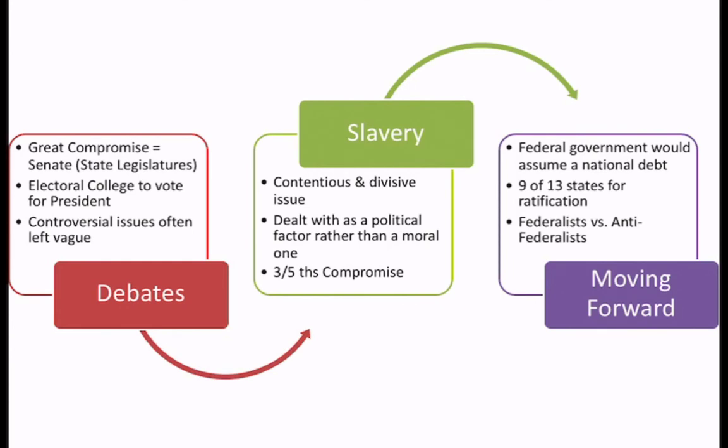Now, moving forward, remember, the federal government would assume the national debt of those states that incurred debt during the American Revolutionary War. And that was a problem. Remember, that's part of the reason why the Articles of Confederation failed: they couldn't tax, they couldn't pay their debt. You have all these angry farmers, you have the angry military.